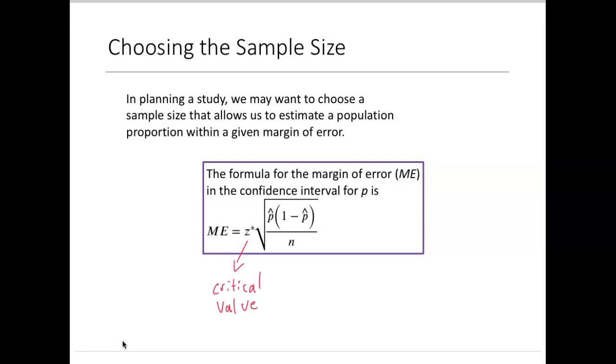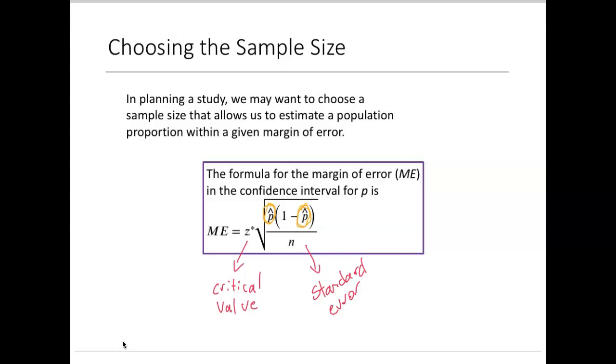Remember, it's a z-score, so it's just the number of standard deviations to either side of our point estimate that we want, times what we call the standard error. And the way that standard error is different from standard deviation, remember, is just that we're using p hat because we don't know p. P is what we're trying to figure out. But that's how we compute the margin of error.